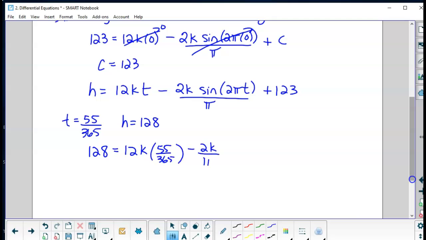I'm going to just put the pi there, and then sine of 2 pi times 55 over 365 is 123. Okay, so you can use a calculator for this, so we'll bring the 123 over, that's 5. And then, I don't have a calculator on my screen, but use one. You can multiply this together. Simplify it, it ends up being 132 over 73.